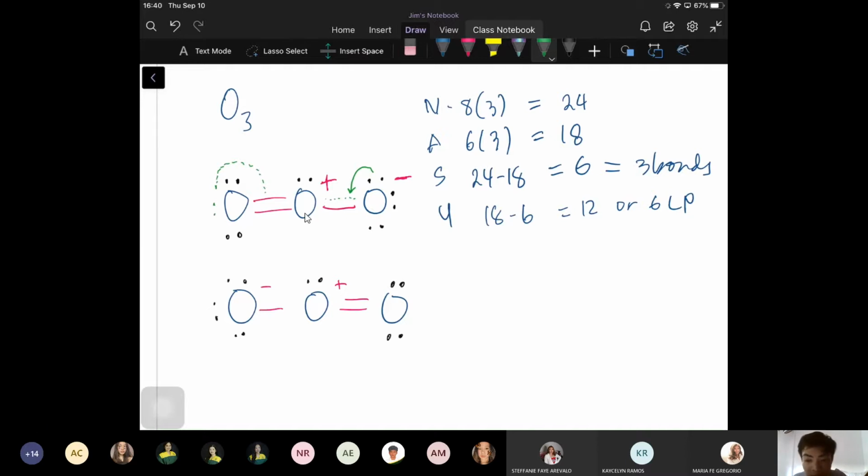So, the idea is that lone pairs can actually form bonds, and a bond can become a lone pair. If that movement of electrons is possible, hence we have the resonance structure.